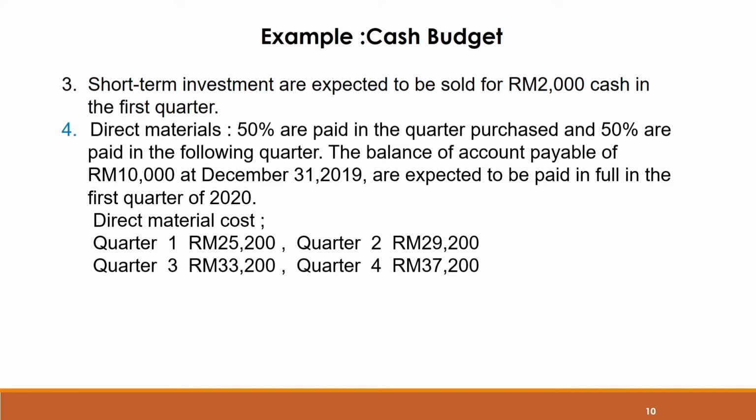So the direct material cost for the first quarter is Rm 25,200, the second quarter Rm 29,200, the third quarter Rm 33,200, and the fourth quarter Rm 37,200. So we have to record this in the cash disbursement section, and we have to prepare the schedule of expected cash payments.